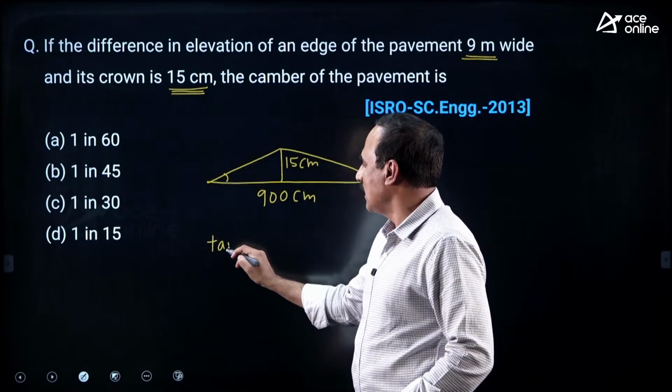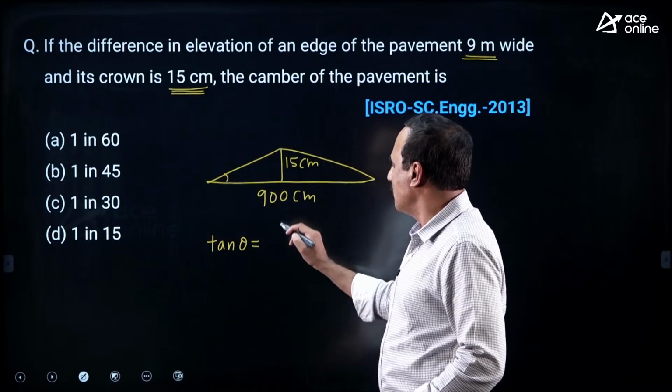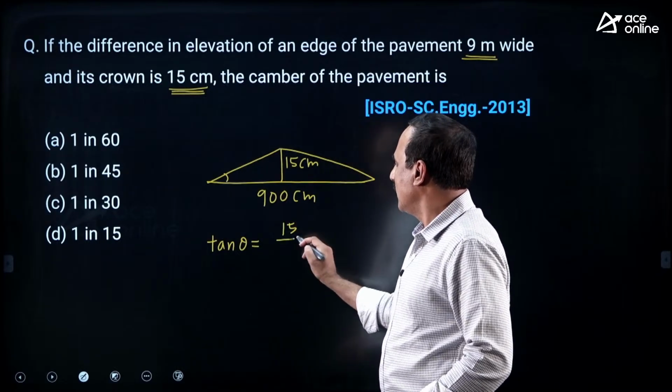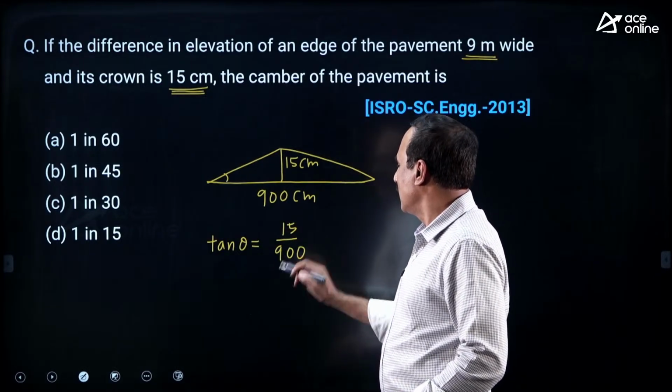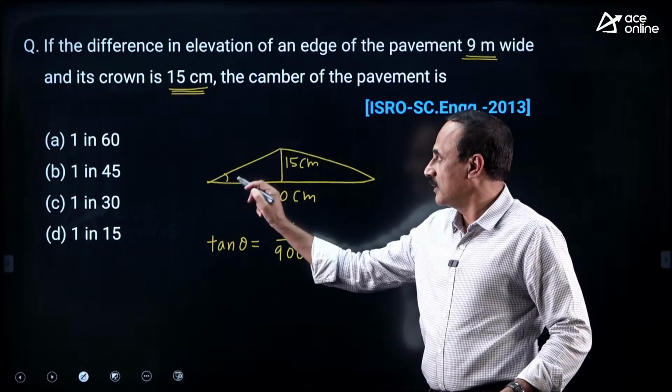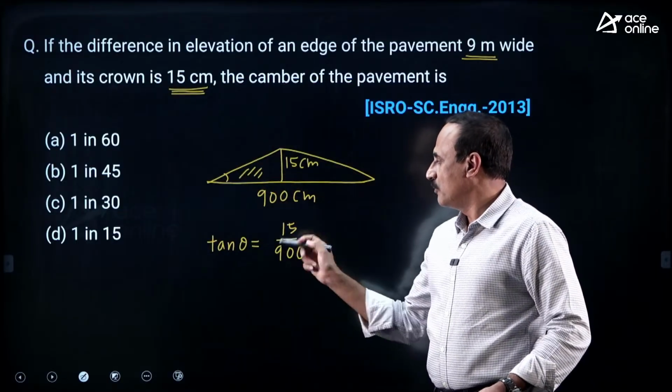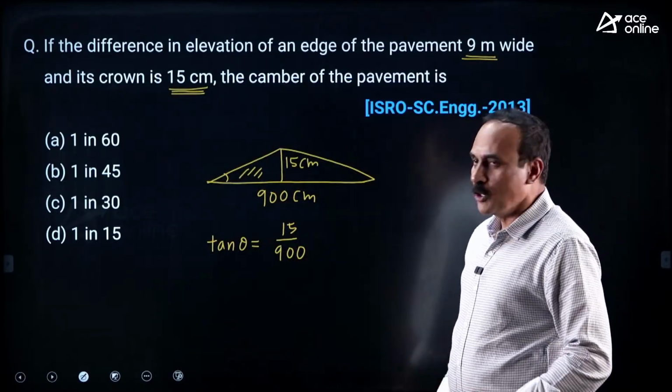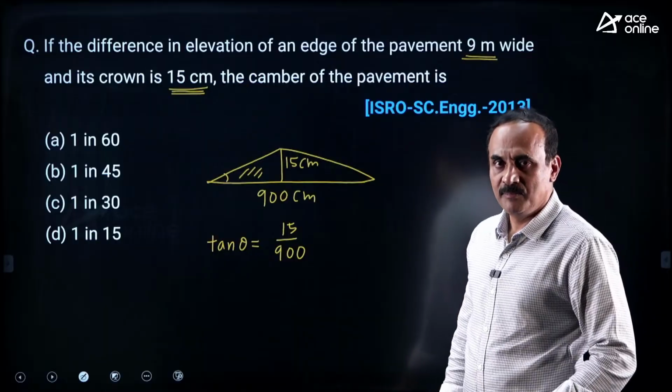Slope is nothing but tan theta, nothing but 15 by 900. Opposite by adjacent, you can take this triangle, 15 by 900. Can you give me how much it would be?